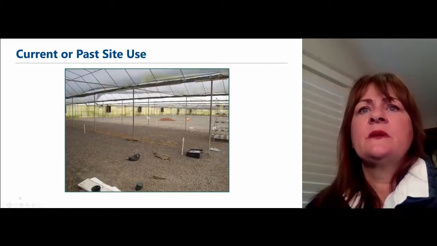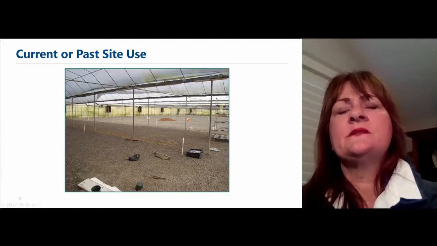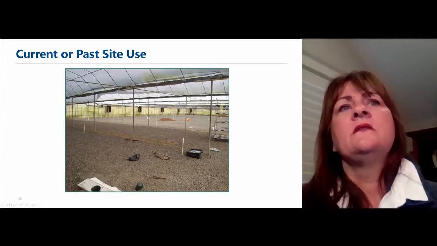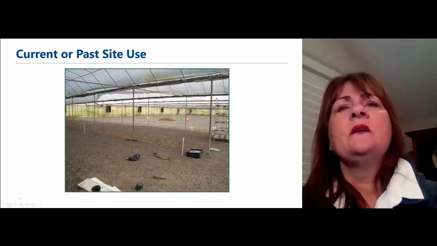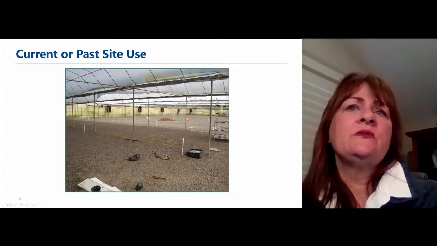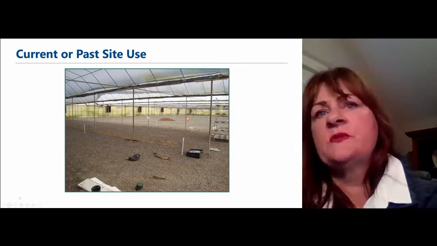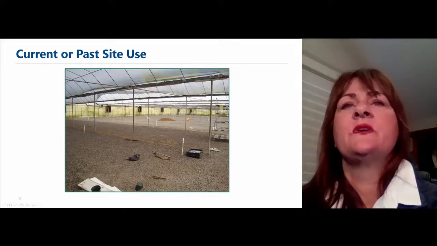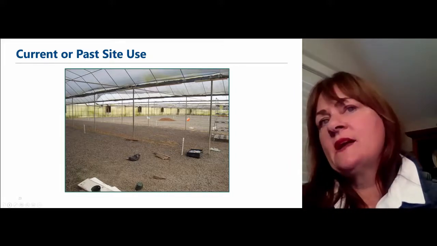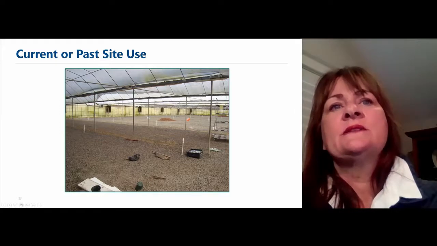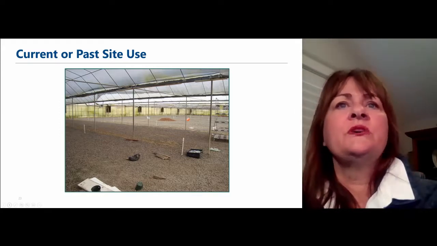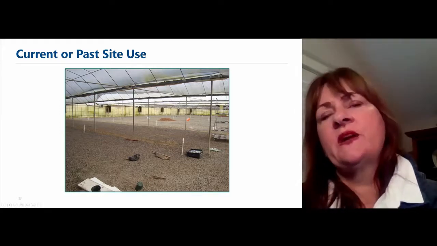Sometimes recognized environmental conditions are not as obvious. This is a really good example of past site use. Well, it's really current site use, but they were moving out at the time I took this photograph. Obviously, it's inside of a nursery. You can see water pipes that were used for irrigation, and you've got some overhead pipes.